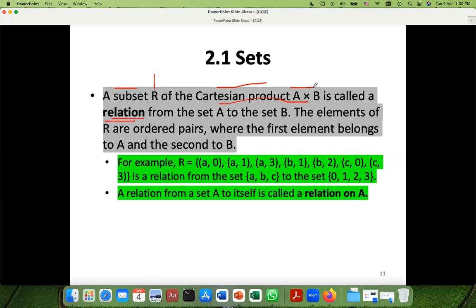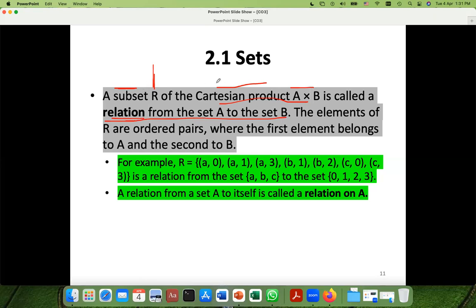And then we have some answer for the Cartesian product. If R is a subset of the Cartesian product, we can call that subset a relation from set A to set B. Okay?